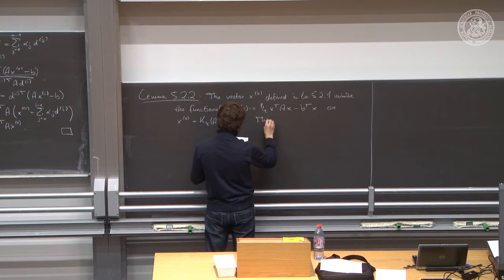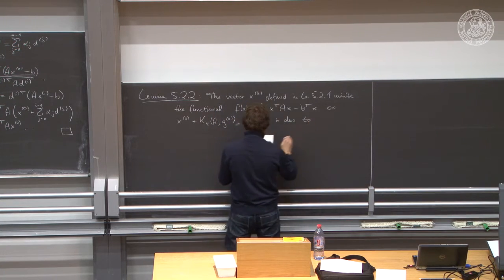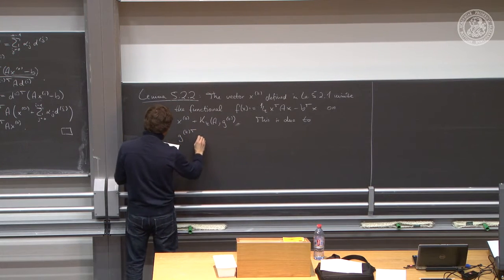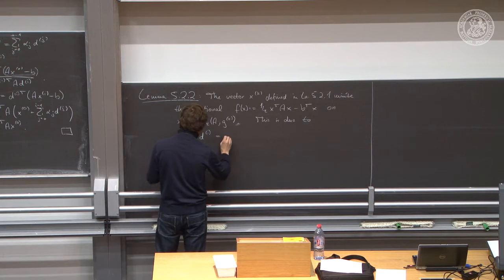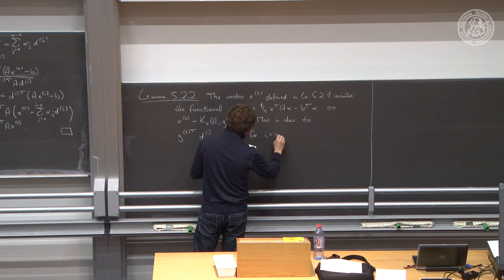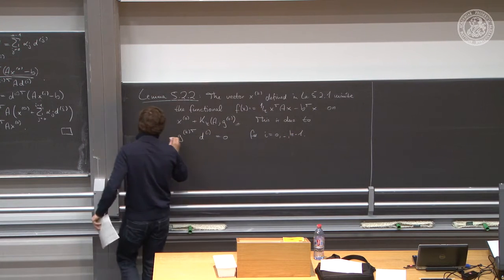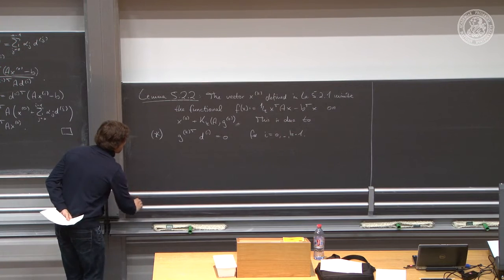And this is due to the following: the orthogonality of the gradient and the search directions for i up to k minus 1. And this orthogonality I will call star.